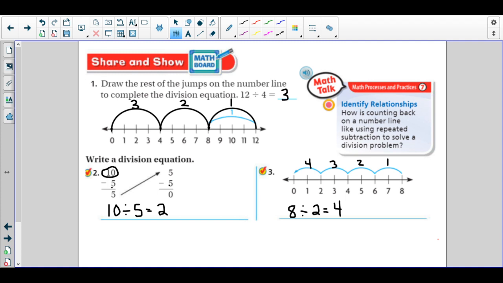As you go through these examples and then some of the problems, this is just one method to help you out. Okay? And unless it specifically says show the jumps or show the repeated subtraction, solve these problems however you're comfortable with. We've had a lot of different strategies, and we'll continue to investigate some of them.